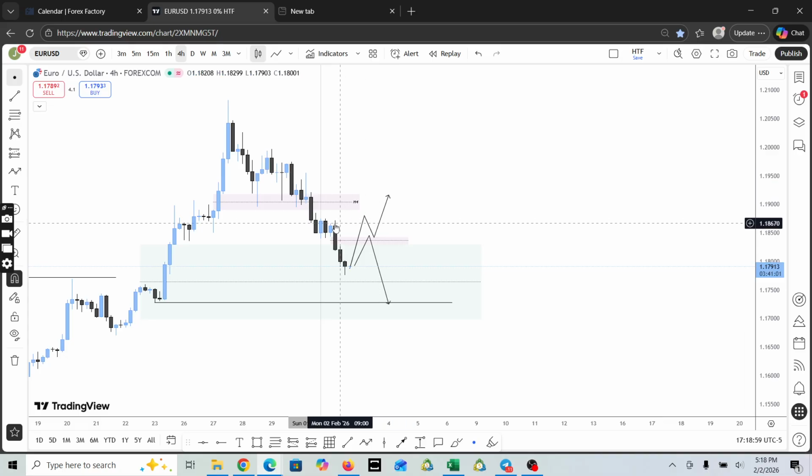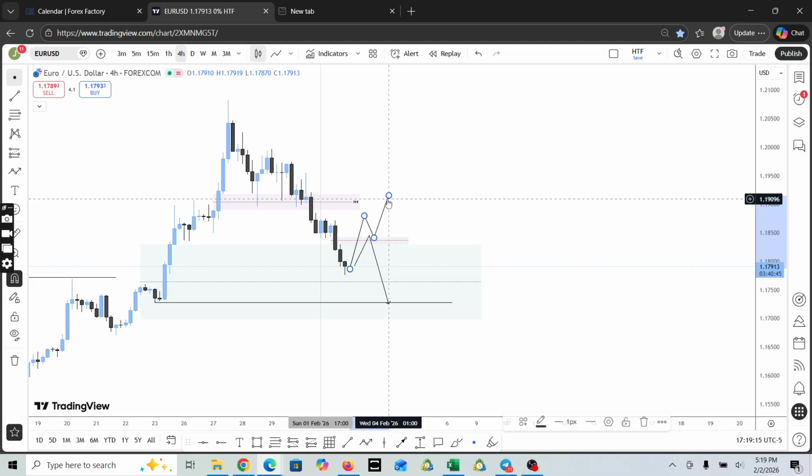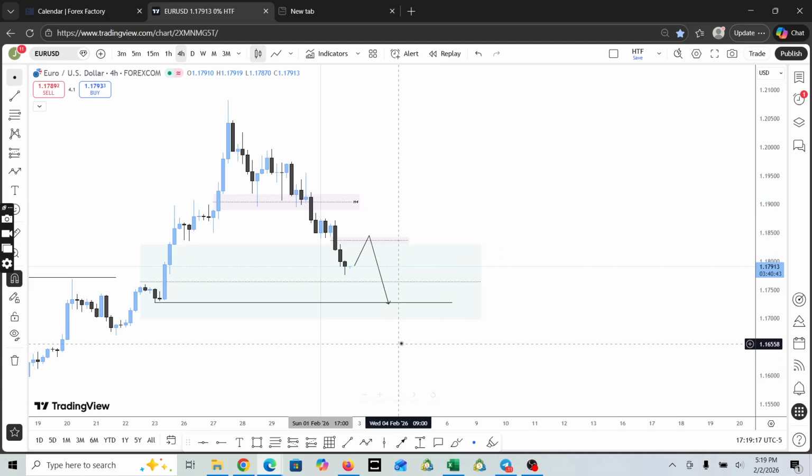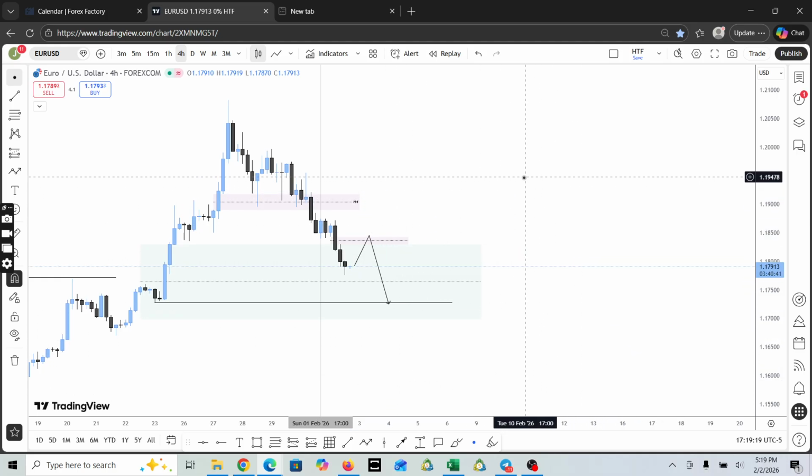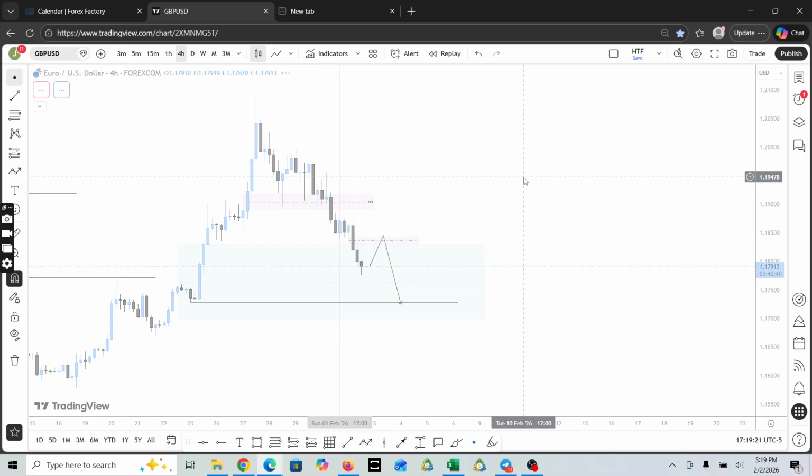So this is my invalidating level, and then also this would be another one. I don't want to see price close above it, as well as above these, right? In that case, I would see if we can get a trade like that. All right, so it should play according to how dollar is playing, and everything will be fine.